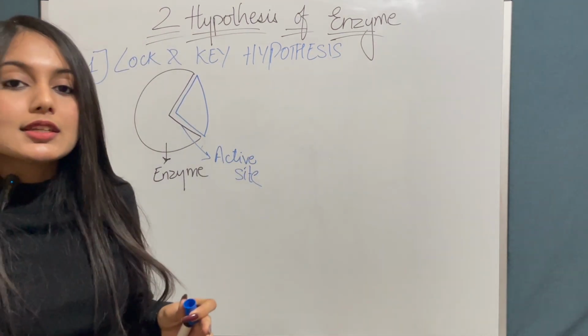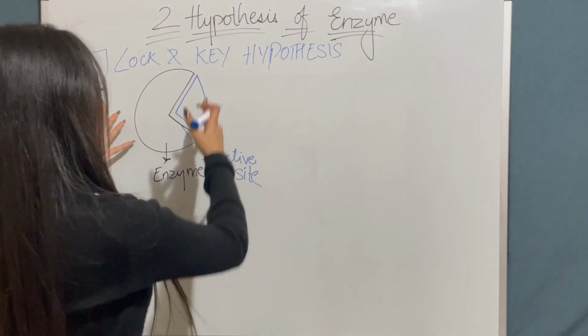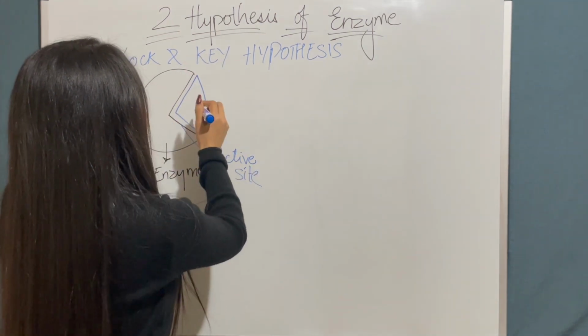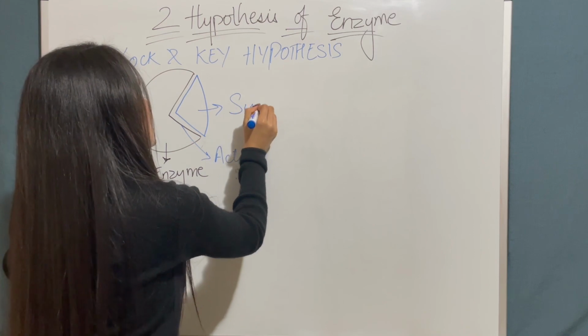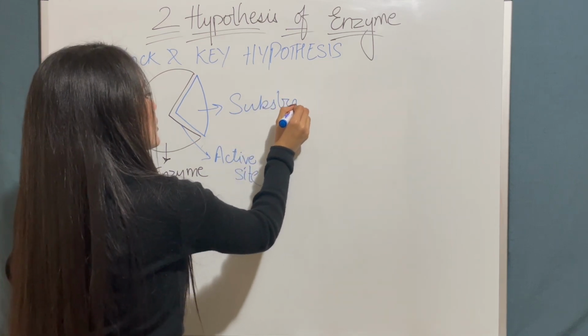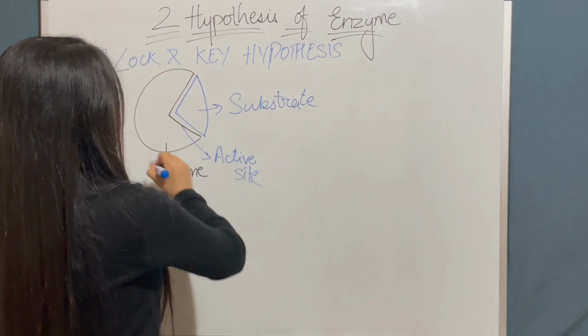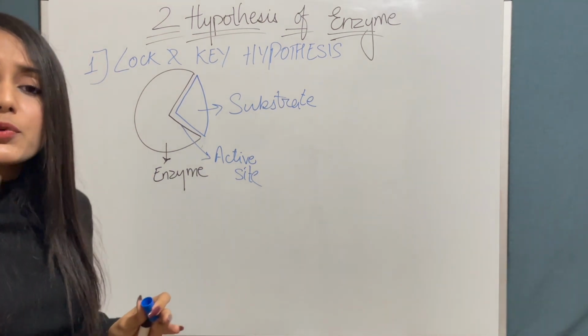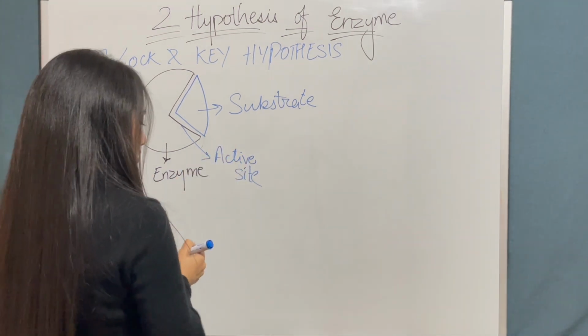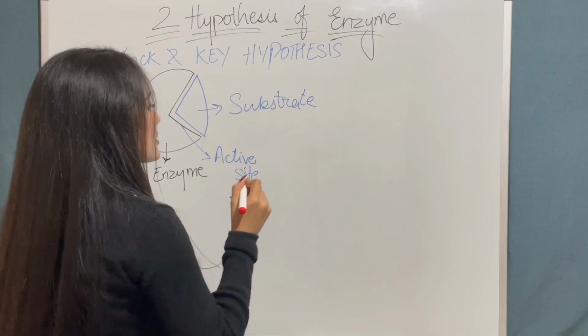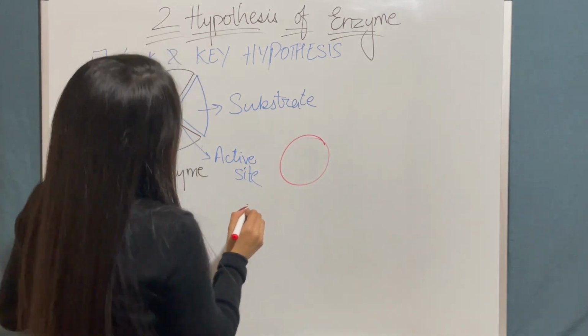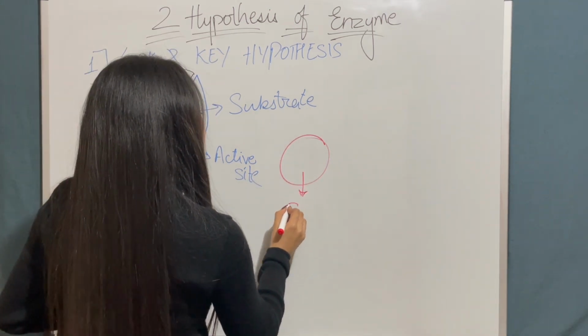So as you can see, this enzyme has an active site and this substrate is very specific to the active site. What if I had a different substrate? Something like this. This is a substrate.